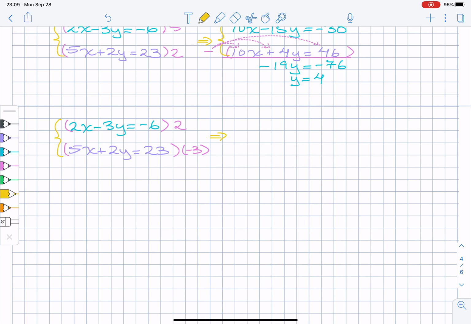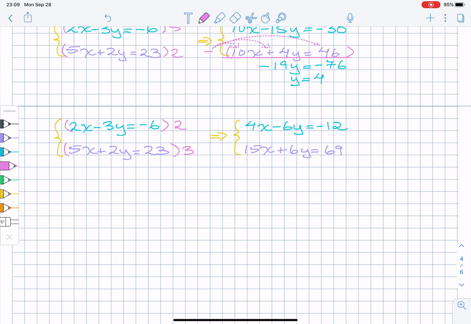Actually, I'm going to do it in absolute value so I don't have to deal with negatives. Let's make this a positive 3. Multiplying the first equation by 2, we get 4x minus 6y is equal to negative 12. Multiplying the second equation by 3, we get 15x plus 6y is equal to 69.